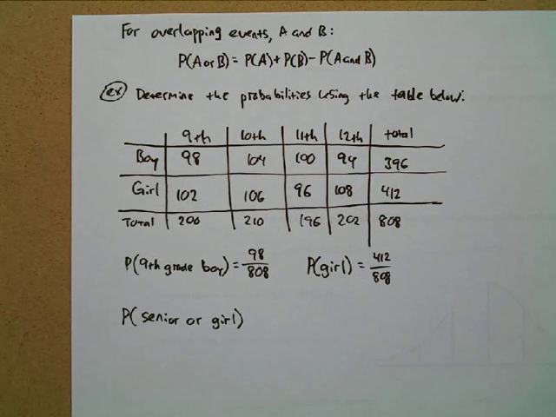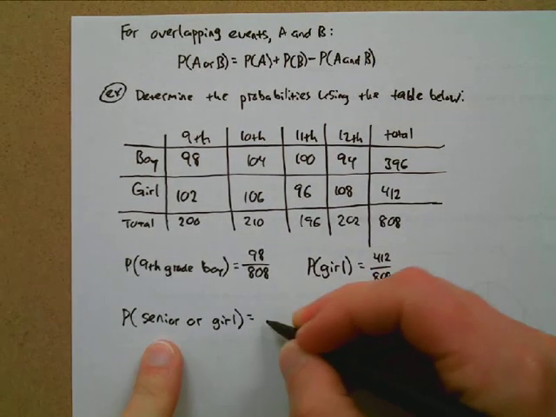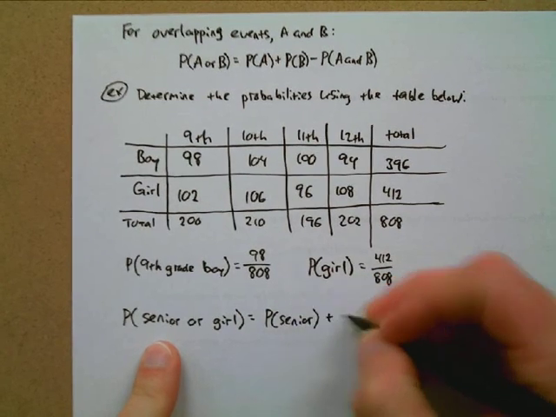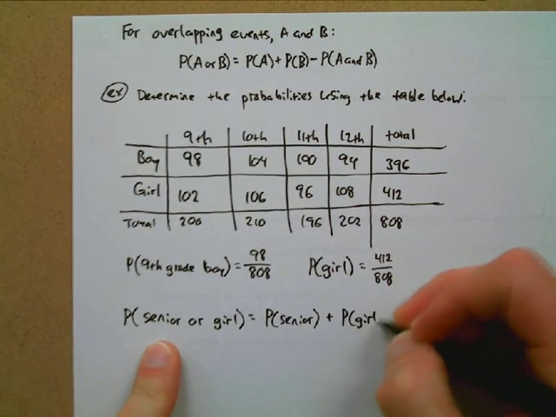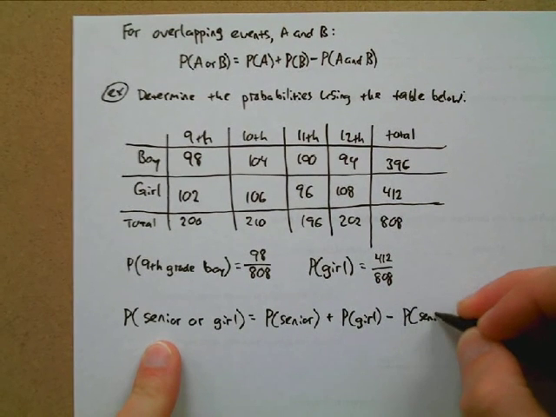Yes, right here. So this probability is equal to the probability of being a senior plus the probability of being a girl minus the probability of being a senior and girl.